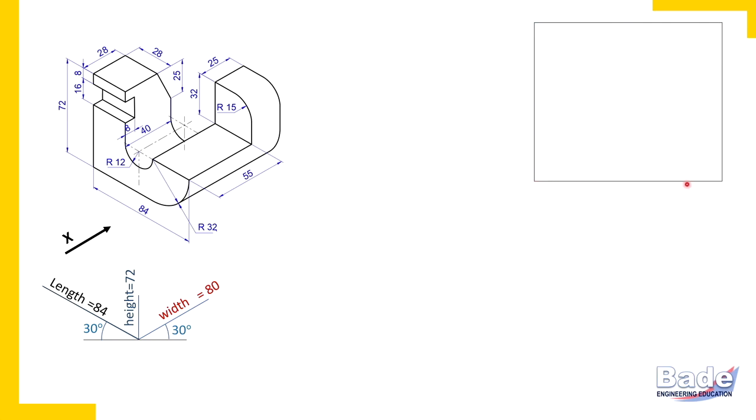Now length 84 we should project downwards in the top view. Tell me which two dimensions you get in the top view? Length horizontally and width vertically. Correct. So length we need not measure again. Instead we should project that length 84 millimeters.